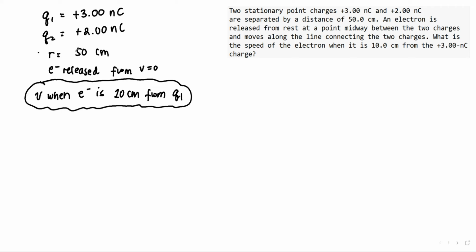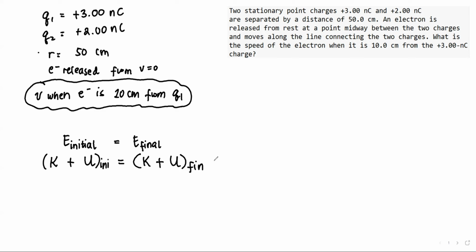Know that your mechanical energy, which is E, initial, is equal to your E final. We also know that E is equal to your kinetic energy plus your potential energy. So K plus U initial is equal to K plus U final.